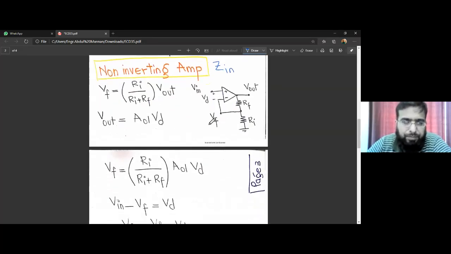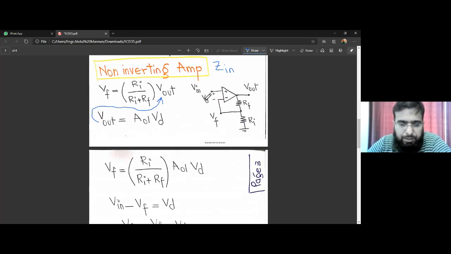In fact, the whole derivation isn't very complex. In the expression for Vf, we can plug in the value of V out. So it gives us Vf equal to Ri over Ri plus Rf times AOL times Vd, where Vd is the difference of voltage V in minus Vf.